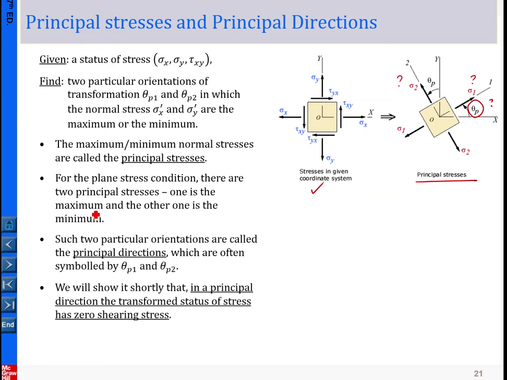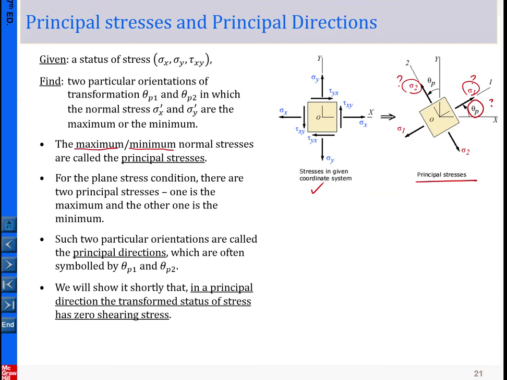So the definition of the principal direction is the no shear stress, and in that particular orientation, one normal stress will be maximum and the other one will be the minimum. The maximum could be here, or the maximum could be here. If one is maximum, the other one should be the minimum.